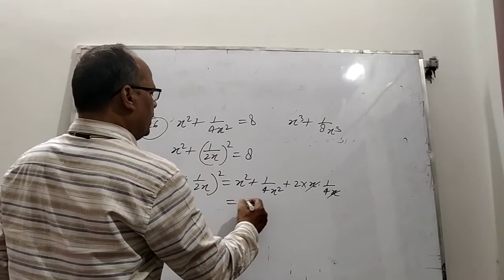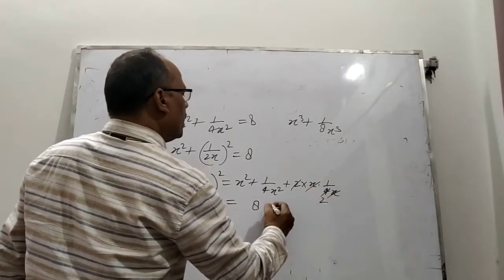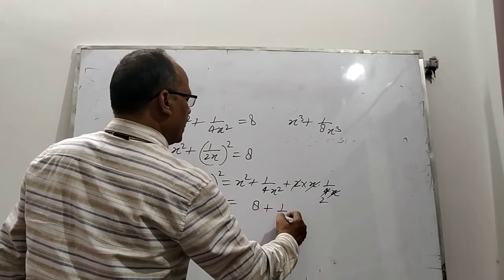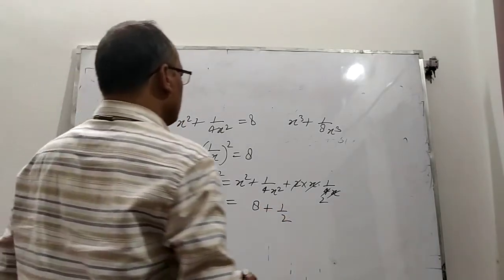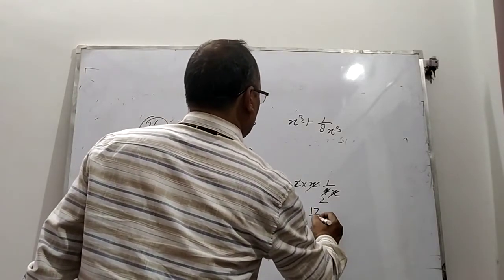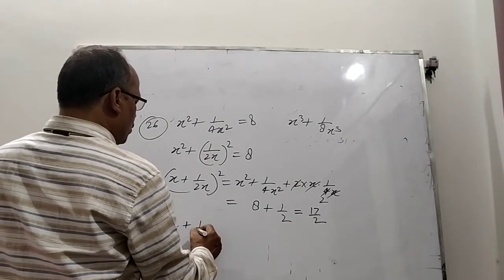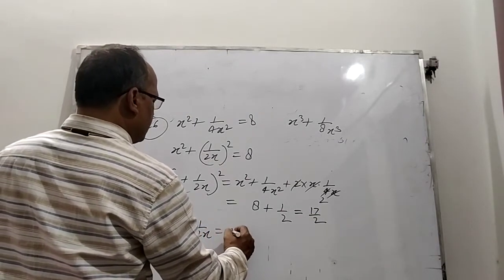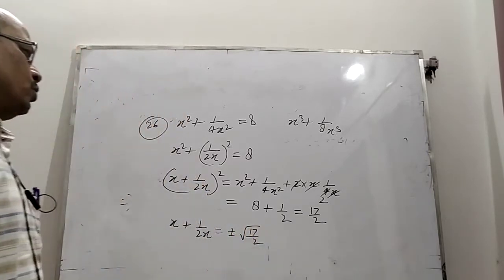This value will be 8, and then it will be 2. 8 plus 1 by 2. Then it will be 17 by 2. So x plus 1 upon 2x equals plus minus under root 17 by 2.